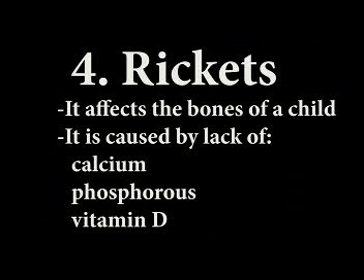Deficiency disease number 4 is rickets. Learners, what is rickets? Rickets is a nutritional deficiency disease which affects the bones of a child. Rickets is caused by lack of calcium, phosphorus, and vitamin D in the diet. Vitamin D, we get it from the sunlight, which is also useful in strong bone formation.